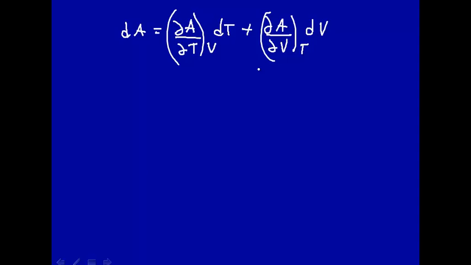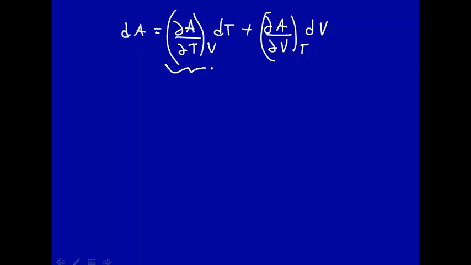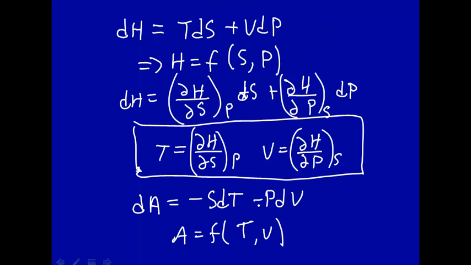And we just go back up here: this will be minus S, and the dV term will be minus P.